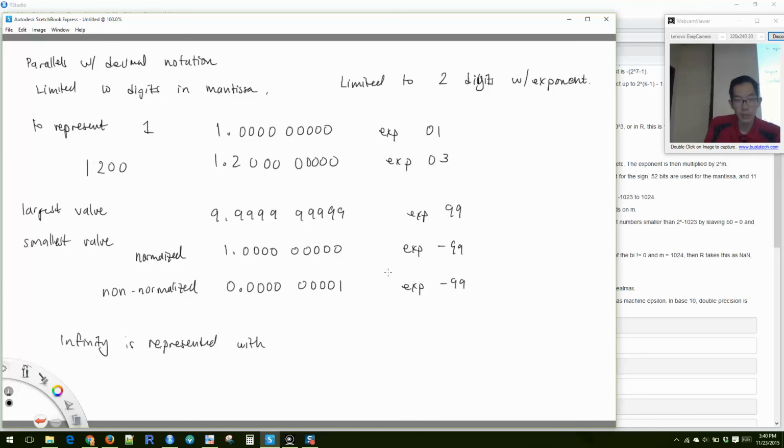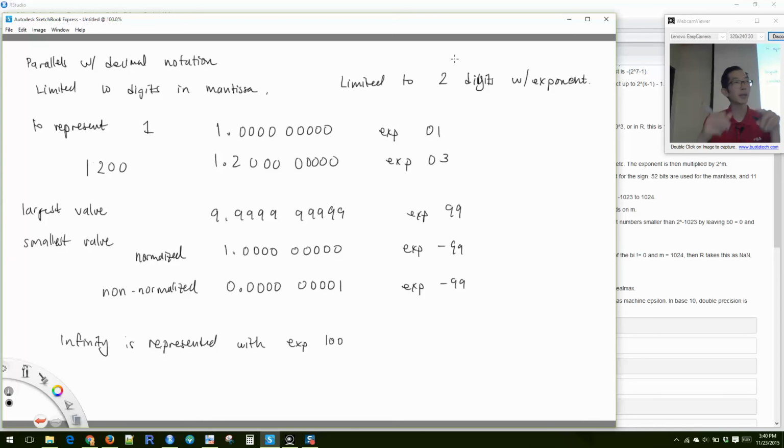So infinity is basically represented if the exponent is equal to 100, and I know that doesn't make sense when we say two digits with the exponent, but with the biased scheme, you can actually go from technically negative 99 to 100, right?